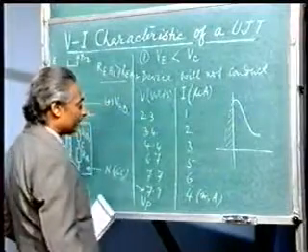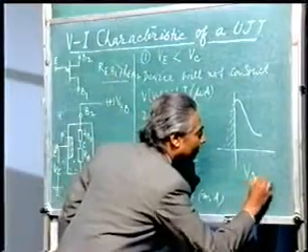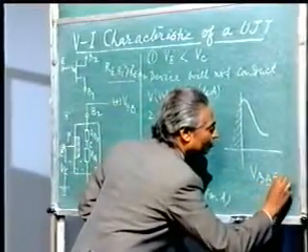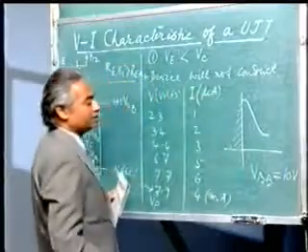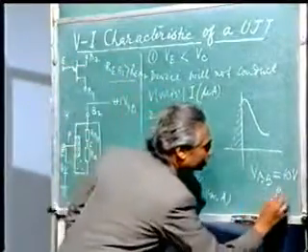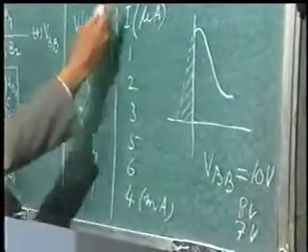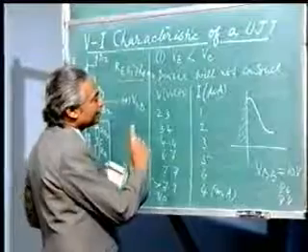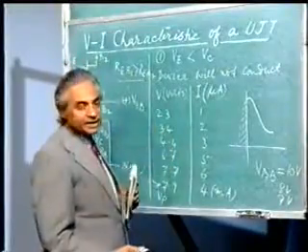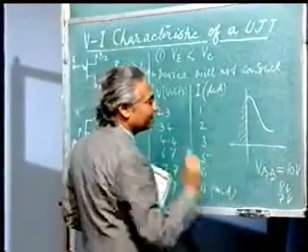Now you remember that in this experimentation I had kept VBB equal to 10 volts. I can change the value of VBB, I can change it to say 8 volts, 7 volts and so on, and repeat the experiment and get such readings. So we can get many such sets of readings and many such sets of characteristics, UJT characteristics can be drawn.